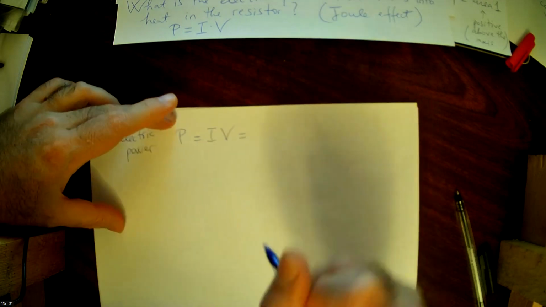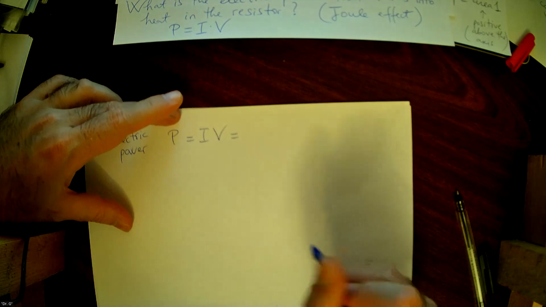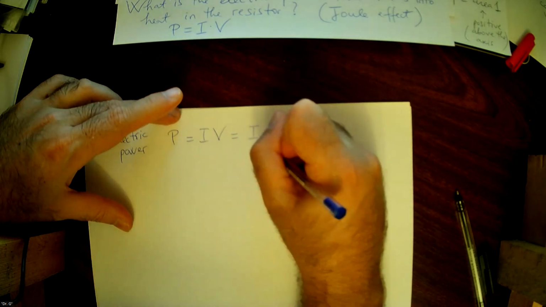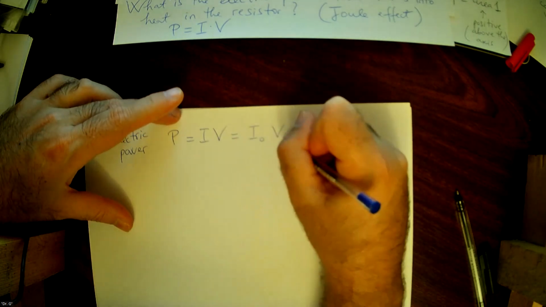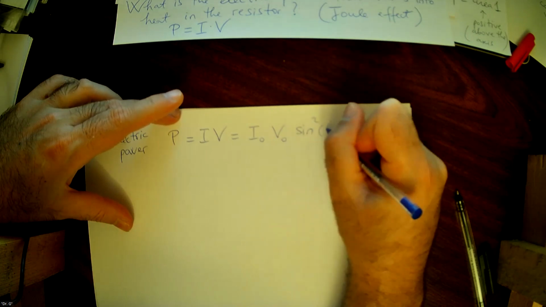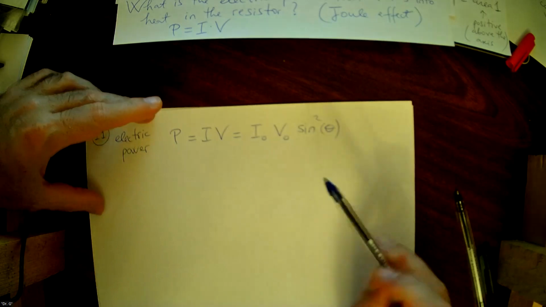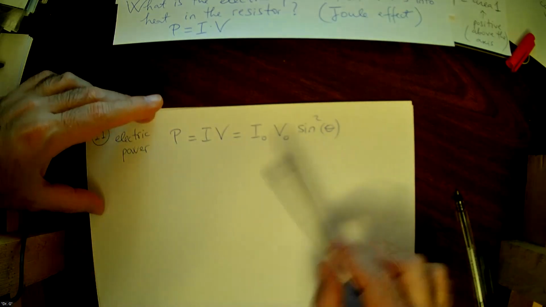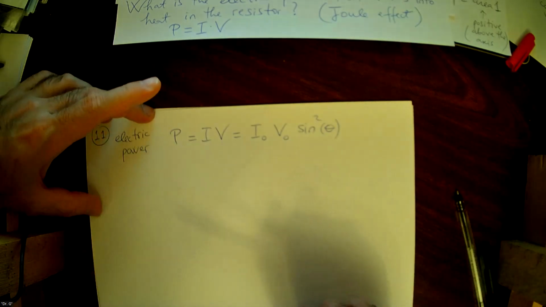It is I0 V0 sine squared of theta. I get a sine from the current and another sine from the voltage.